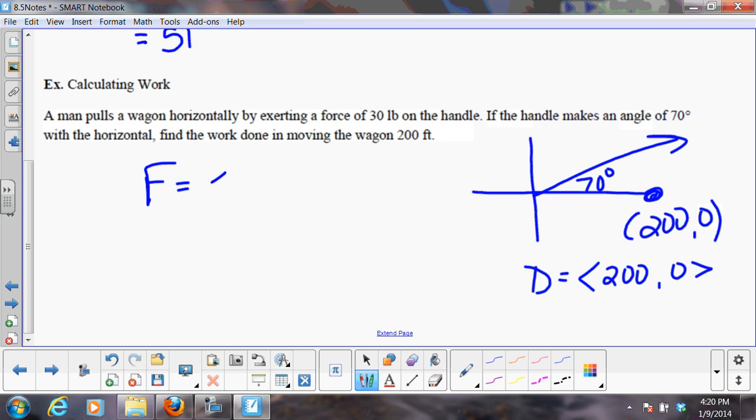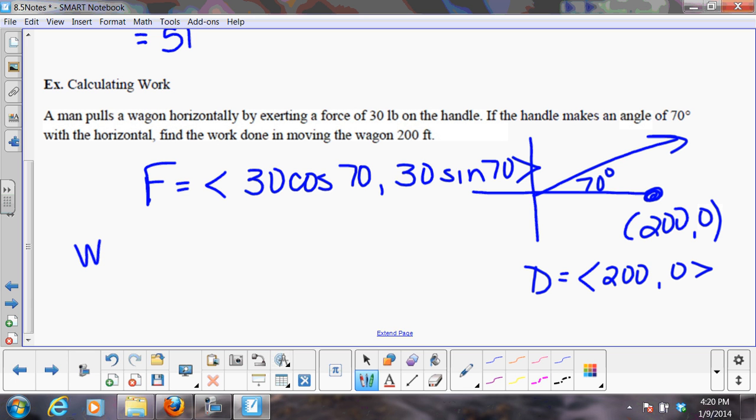Force is 30 cosine 70 and 30 sine 70. These are some decimals.